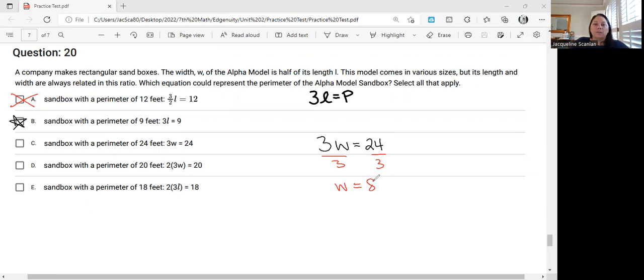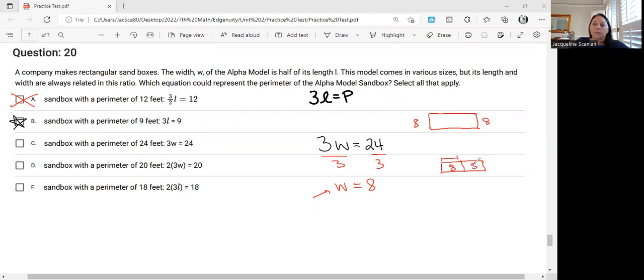Now, guys, be careful here. They're no longer giving me the L, they're giving me the W. The W stands for the width. All right, so they're telling me that the width is 8. And remember, the width is half as long as the length. So if the width is half as long as the length, this part from here to here is only half as long.